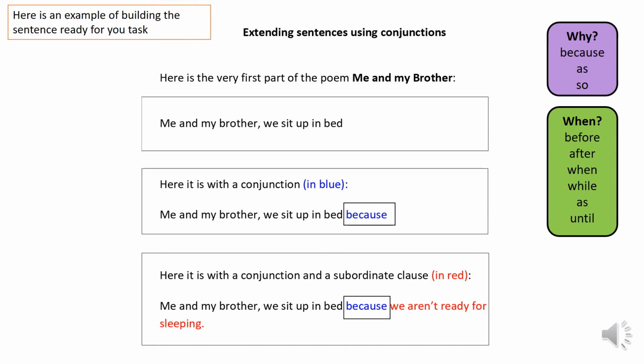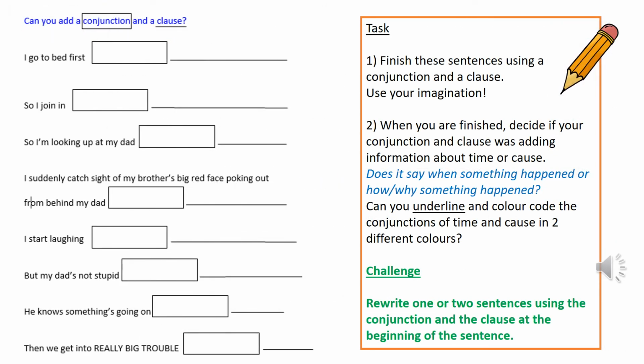Okay, I think we're about ready to introduce you to the task you are going to be completing today. Today's task: finish these sentences using a conjunction and a clause. Use your imagination. Underneath this video, there is a picture of the conjunctions that we have been using today. So you can use this just to aid your writing.